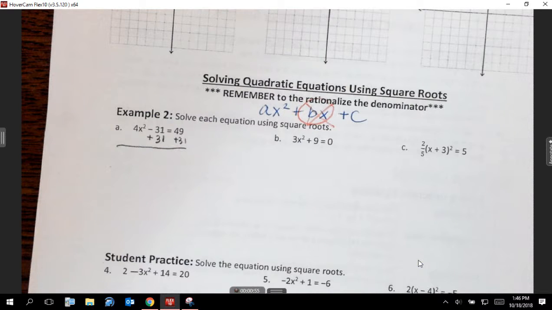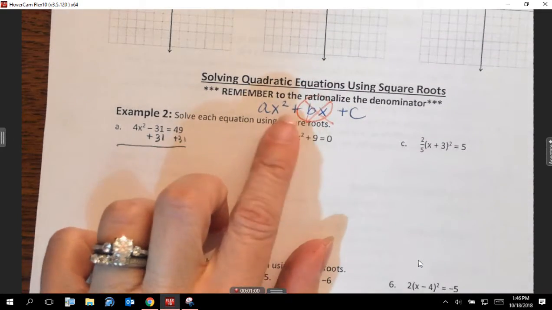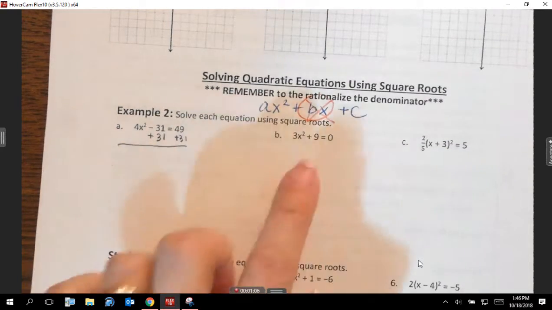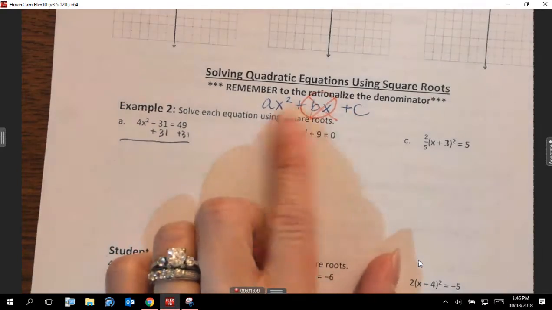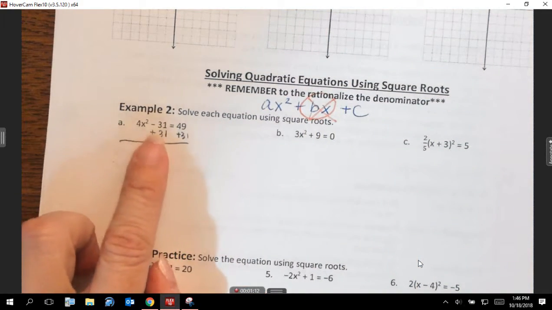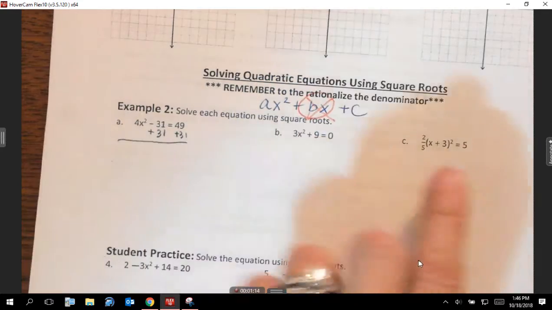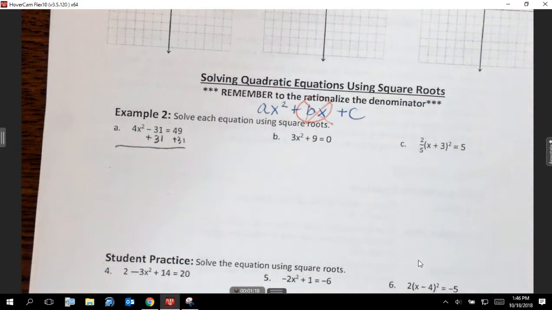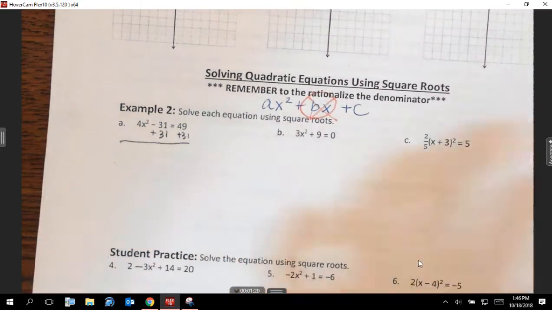So if you see a quadratic that looks like this, you will not say, oh, I'm going to solve by square roots. You'll see that A, B, and C do not look like this. Either the BX term is missing, like in the first two, or there's something squared already in it with the x. So those are the kind that you would use this for.